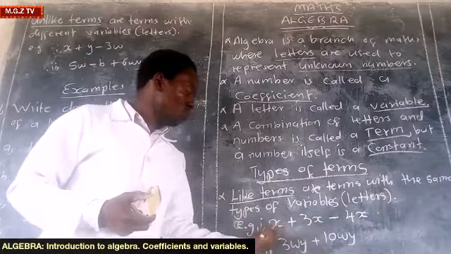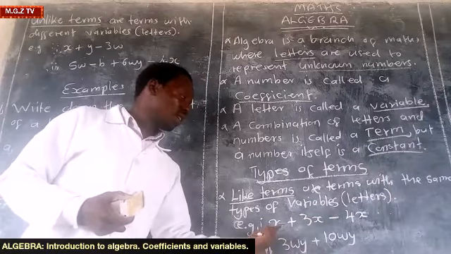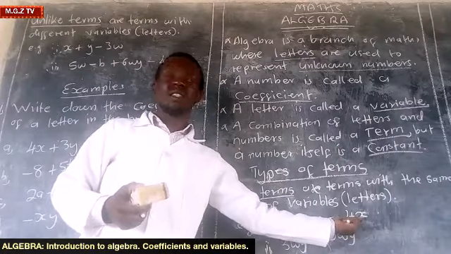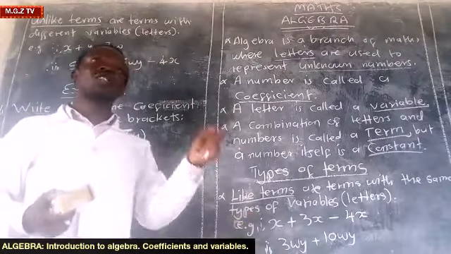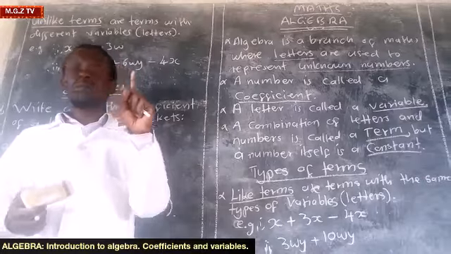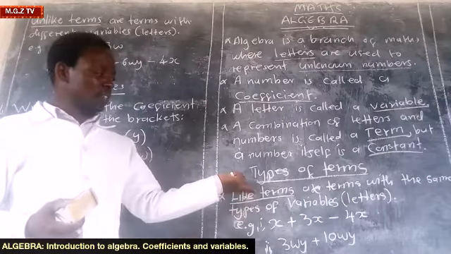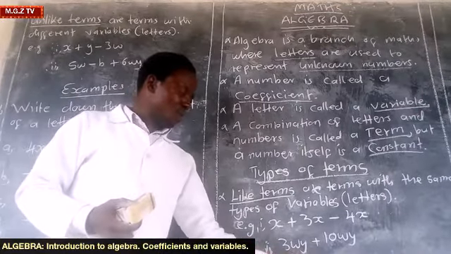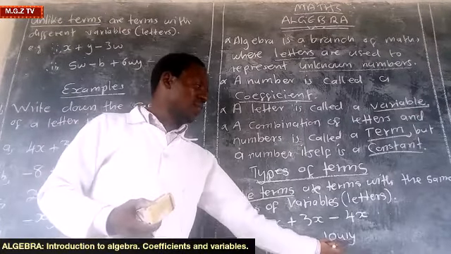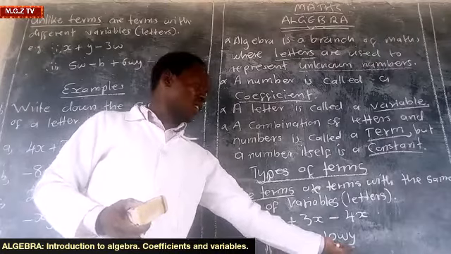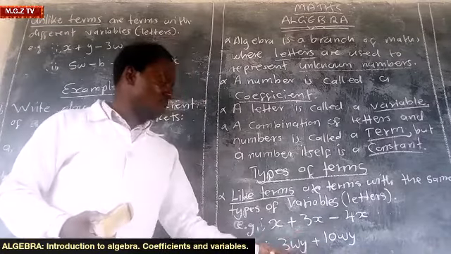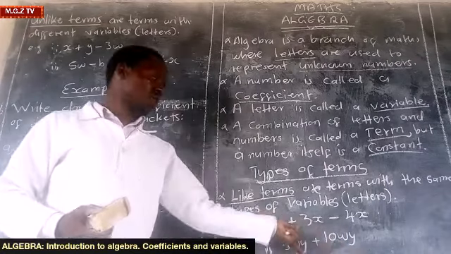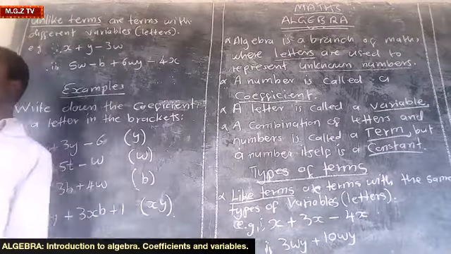So on this one, we have x here, x here, and x here. So this has only one type of letter. So it is called like terms. Here we have 3wy, 10wy. Either upper or here we have the same types of letters. So these are called like terms. They are like.